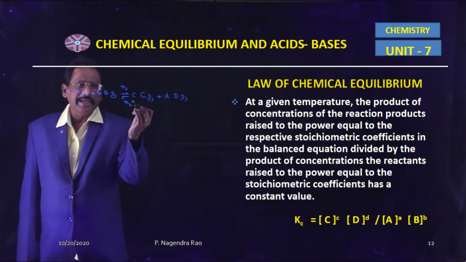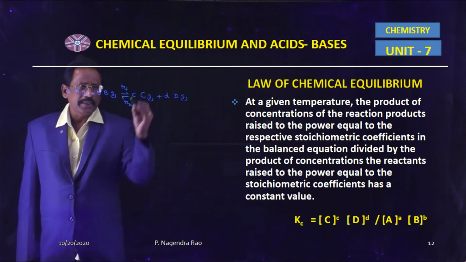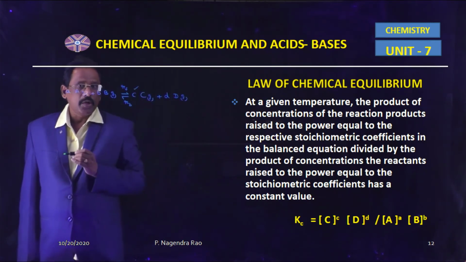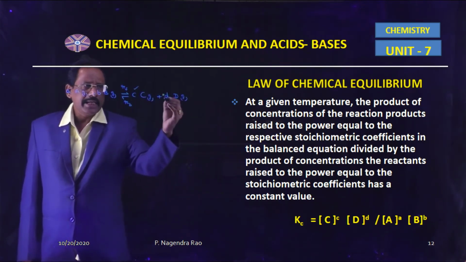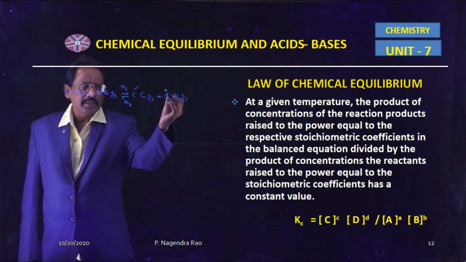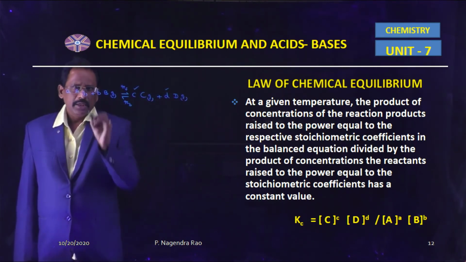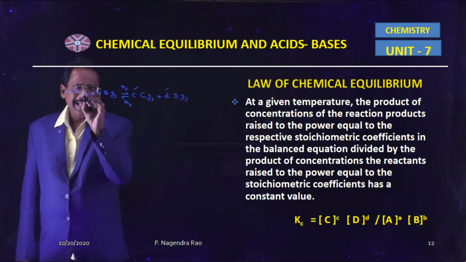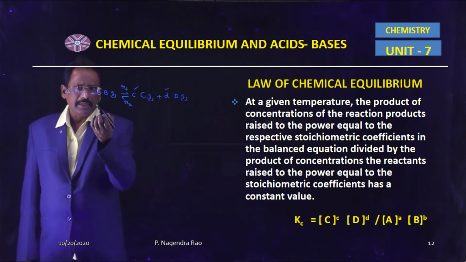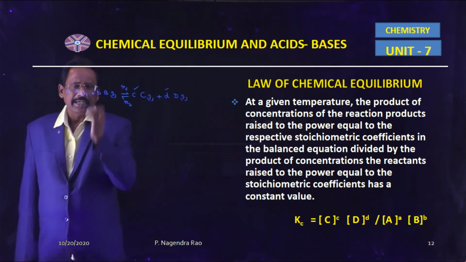Here for C gas, the stoichiometric coefficient is small c. For D gas, the stoichiometric coefficient is small d. The product of those two divided by the product of active masses or the concentrations of the reactants.